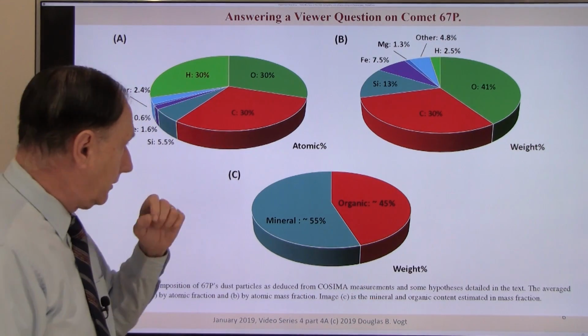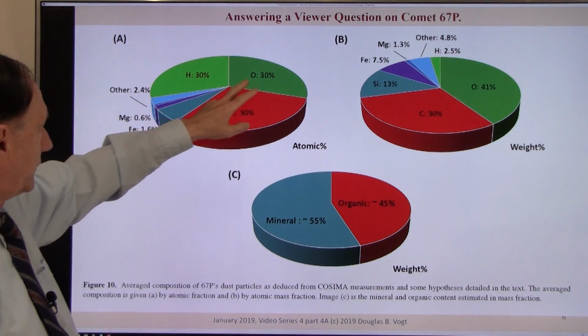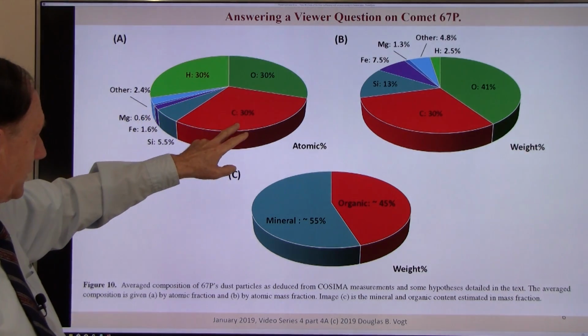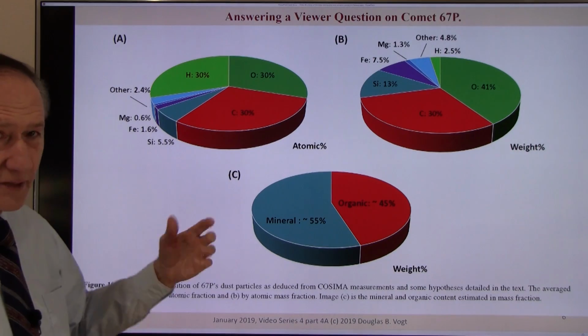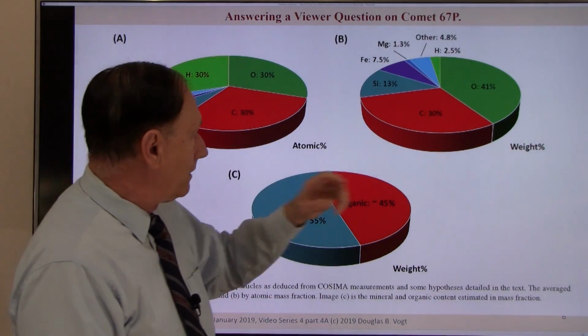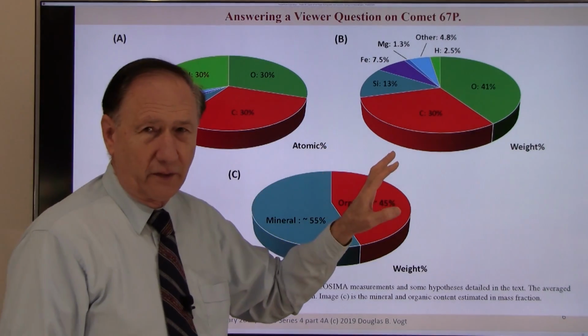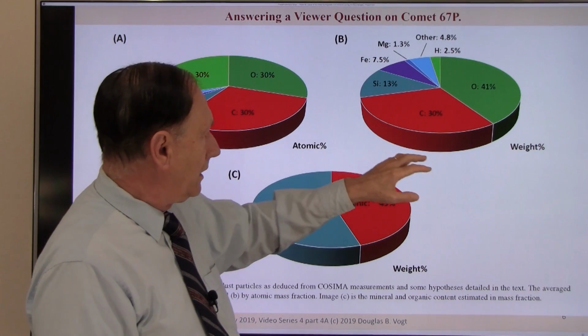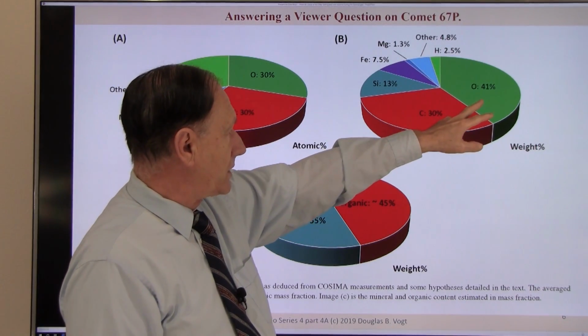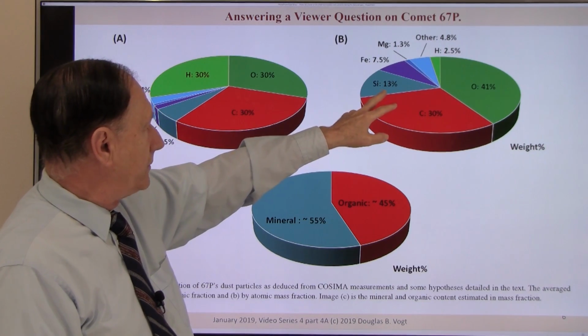This is what they found. 30% hydrogen, 30% oxygen, 30% carbon. Well, H2O, gee, there's your hydrogen and oxygen. This is by atomic percentage. They did this kind of weird, the Europeans. I don't know why. This is by weight: 40% was oxygen, 30% was carbon, silicon was 13%.